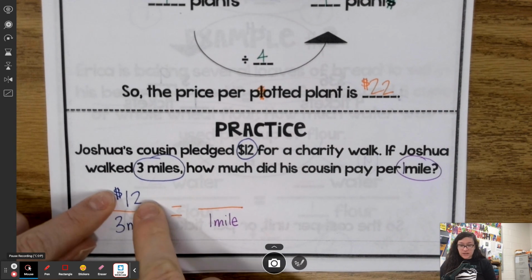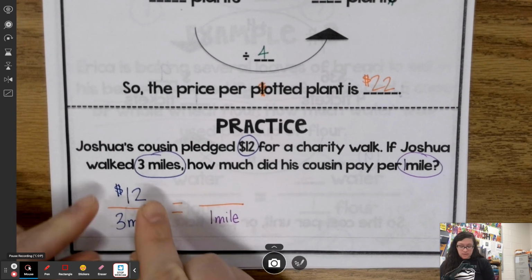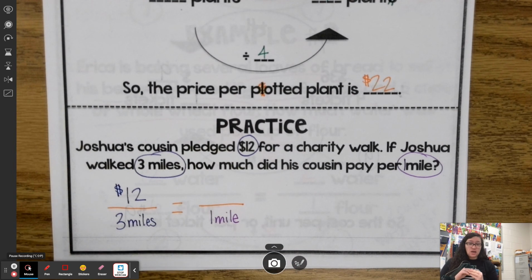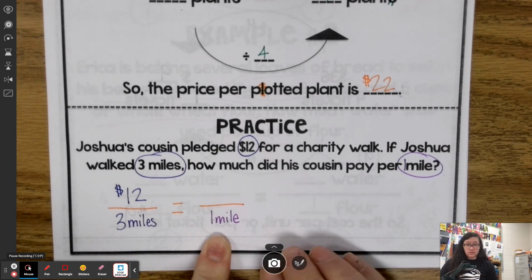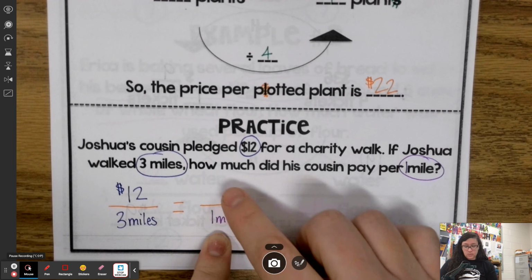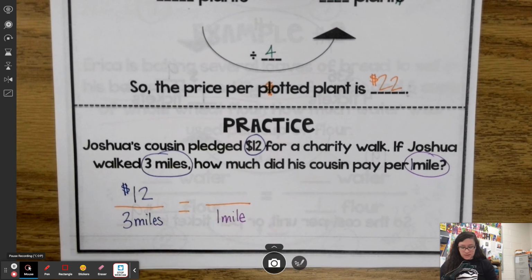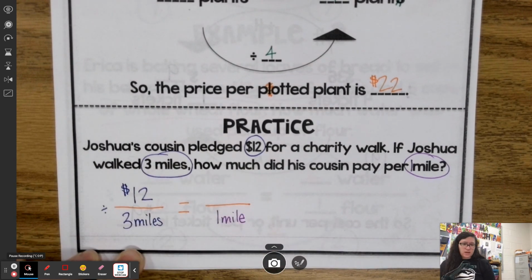Alrighty, hopefully you got $12 and 3 miles on one side because those two numbers go together. That's how much Joshua actually walked and his cousin gave him money for. We're trying to solve how much his cousin paid for 1 mile. We don't know what that number is, but what could we do to find out? Divide. So again, we can think about it vertically or horizontally. We're still dividing. 12 divided by 3 would give me what?